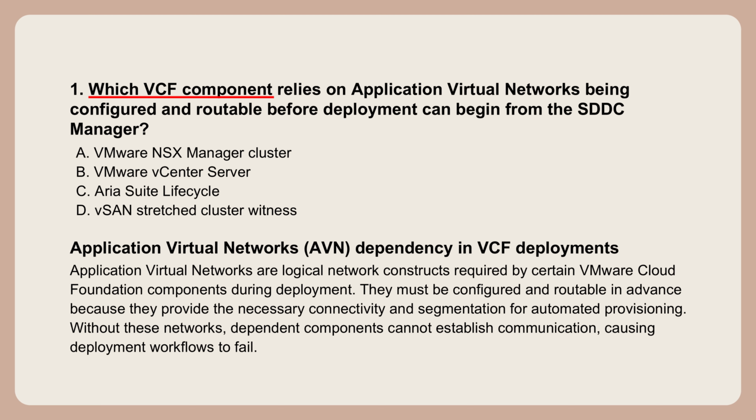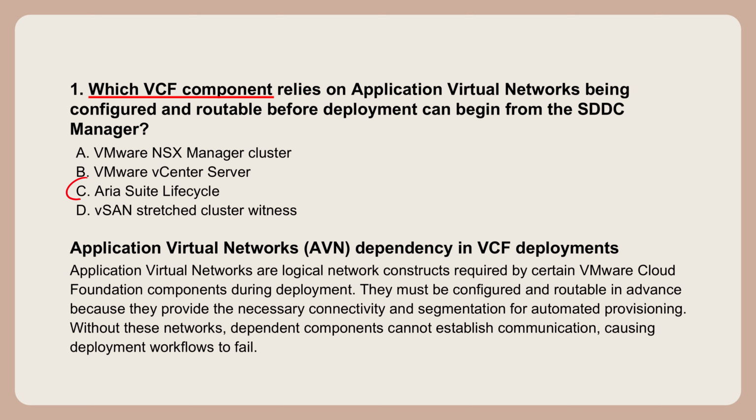Yeah, I knew it. Yeah, the correct answer is actually C, Aria Suite Lifecycle. Okay, wait, why Aria? Well, to understand why your instinct was wrong, we have to look at what Aria Suite Lifecycle actually does during initial provisioning. It deploys a whole suite of management tools that instantly require predefined, segregated network spaces to talk to each other and the outside world. Oh, I see.